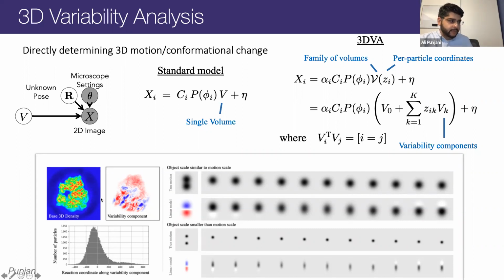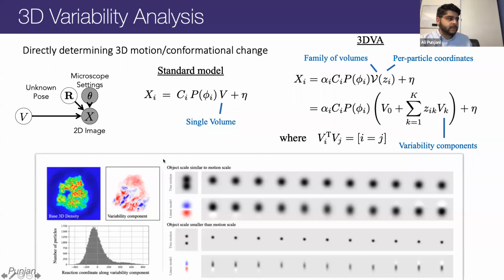For this simple ribosome example, there are lots of different values that this latent coordinate can take on, and we can make a histogram across all the particles of, for each particle, where did it fall on that spectrum? So some particles are on the negative side of the spectrum, some particles are on the positive side, and we'll see shortly that in many cases, the structure of that distribution over per particle latent coordinates actually shows us a whole lot of information about the heterogeneity present in the molecule.